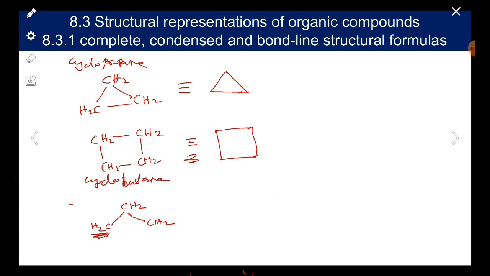This is the original way to write. But in your textbooks or sometimes in your examinations, if you write like this also, it is accepted. There is nothing wrong. But still, you follow the standard structure like this. All right. So let's try to write the cyclopentane.